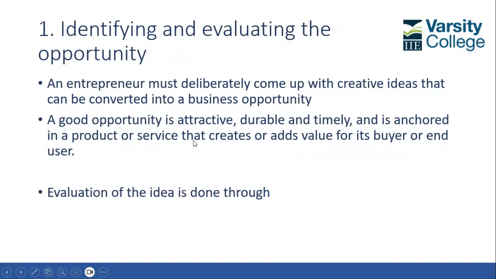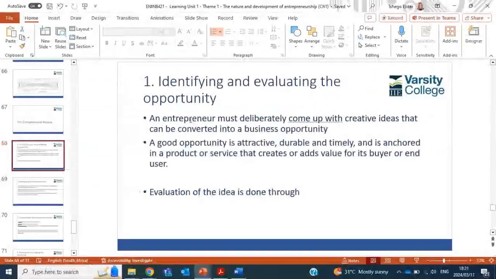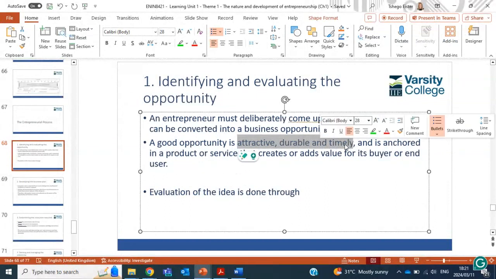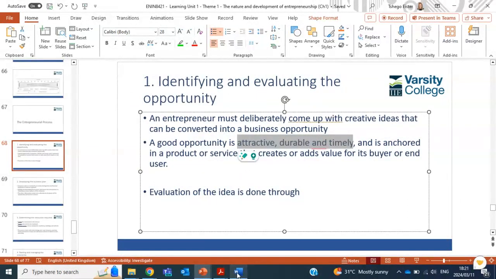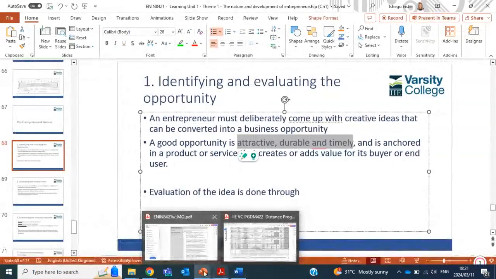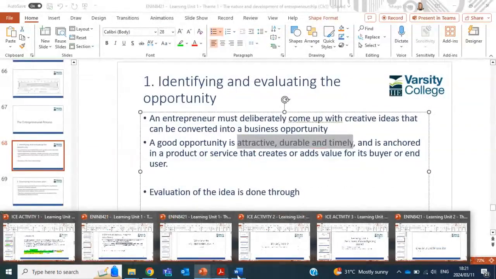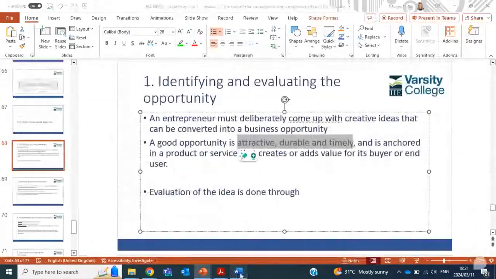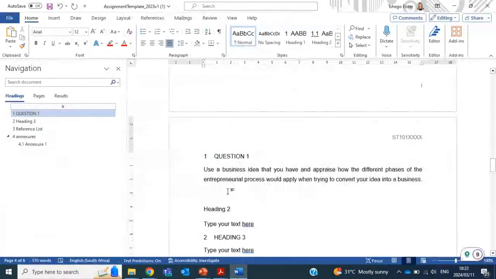So we can probably ask ourselves here, because one thing that stands out for me is that they say that a good opportunity is attractive, durable, and timely. Now, what kind of business idea do you have? Let's see what example we can use.